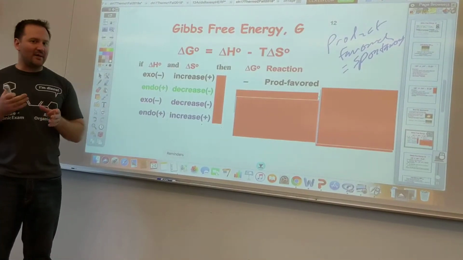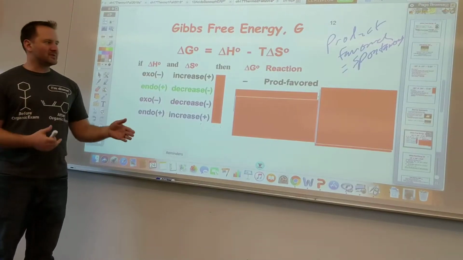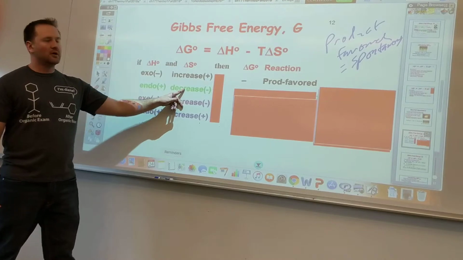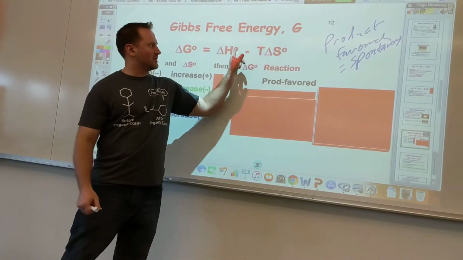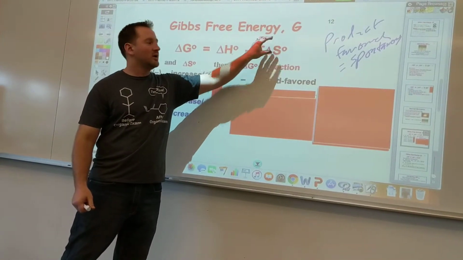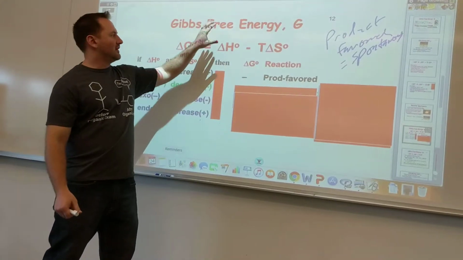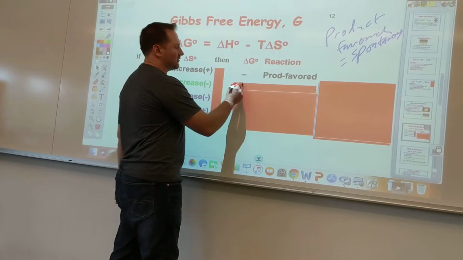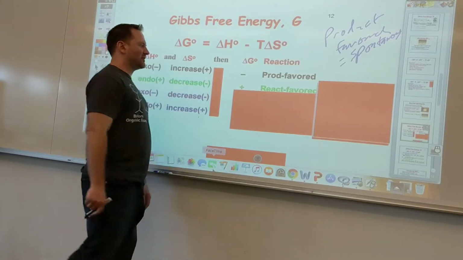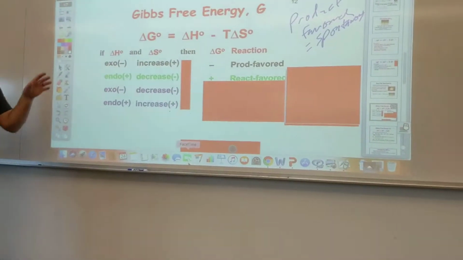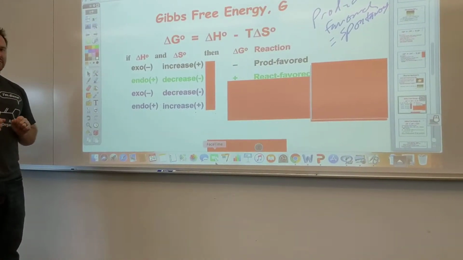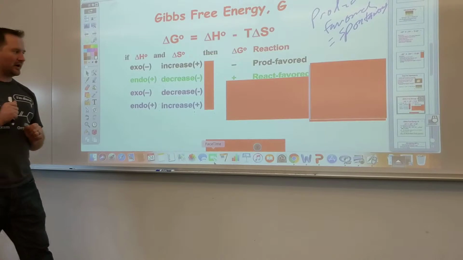So for that to happen, it has to be compensated for by a large increase in entropy. So if the entropy actually goes down, this term essentially, because a negative times a negative makes a positive, this becomes positive, this is positive, delta G would be positive, and it would be reactant favored, which means it would not be spontaneous. Now, when you have one thing that's favorable and one thing that's not favorable occurring, that means we have to take a look at what the temperature's impact is.